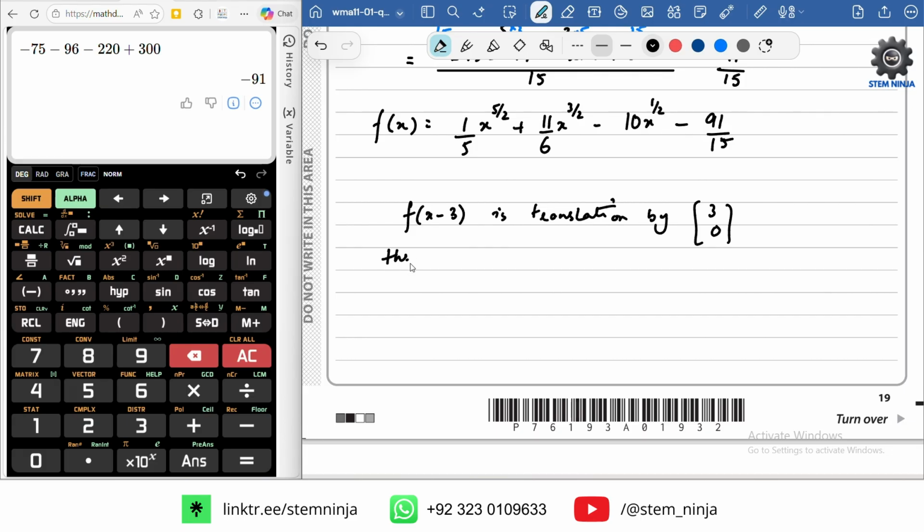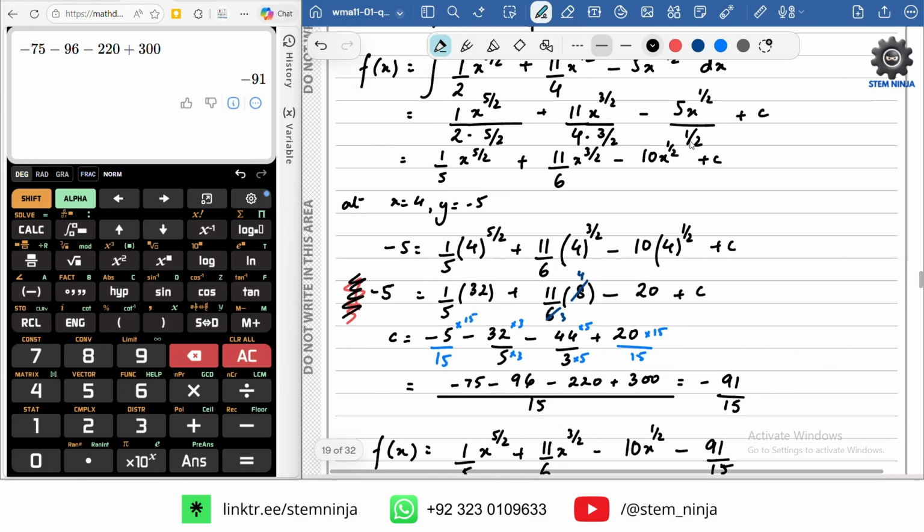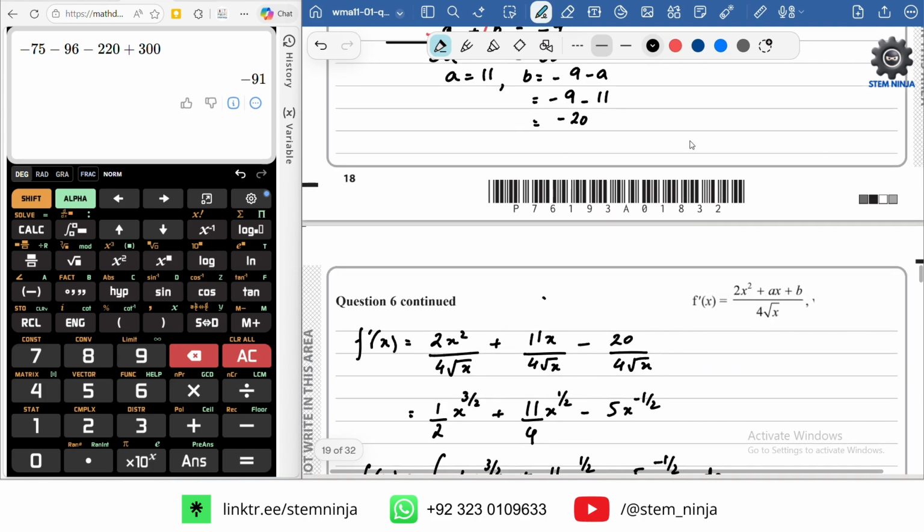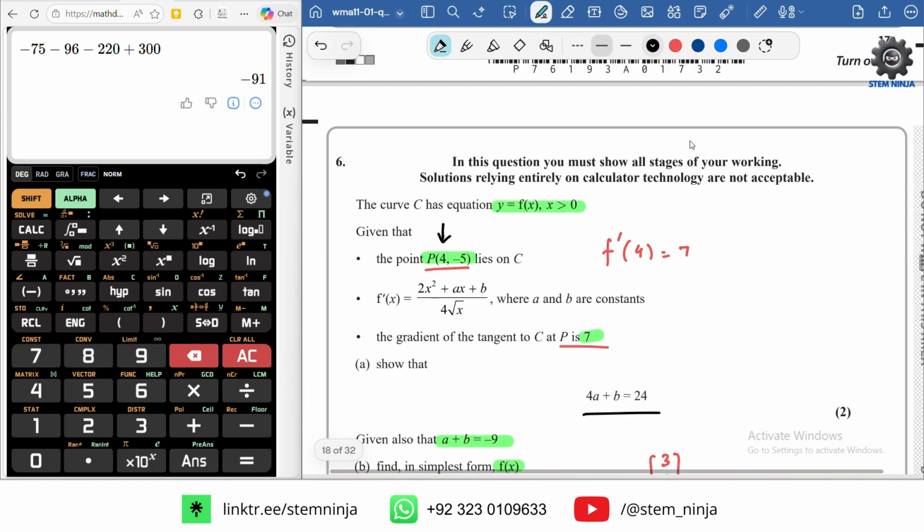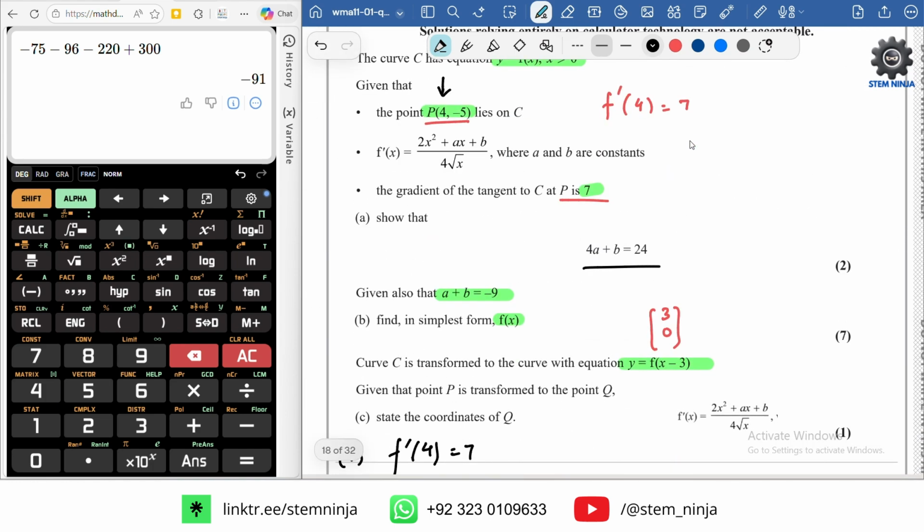Therefore P (4, -5) transforms to (7, -5). Right? Okay, so that's about it. That's your C part.